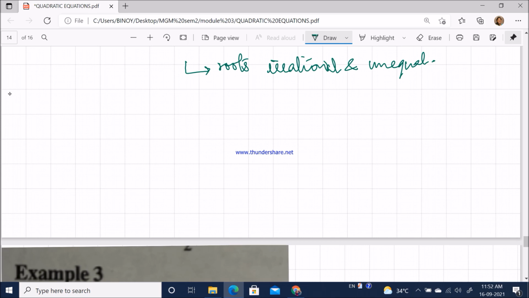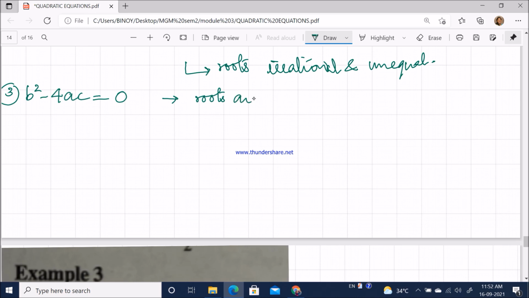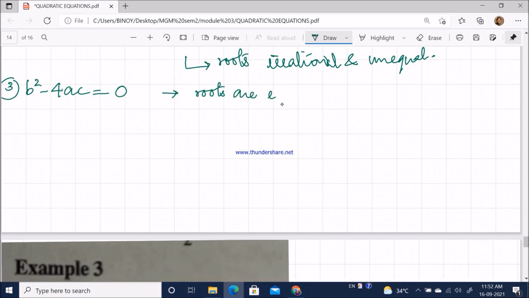Okay, then the third case is if b square minus 4ac is equal to 0. Then we can say that the roots are equal and rational.